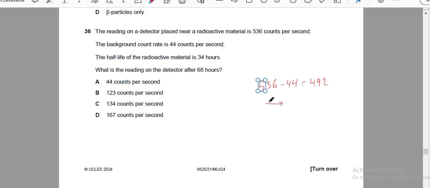After 34 hours it will be 246, after another 34 hours it will be 123. We should add the background here to find the reading on detector, so it is 123 plus 44 equals 167.